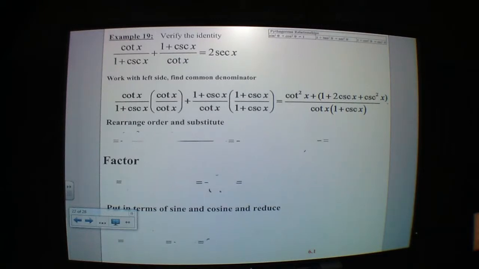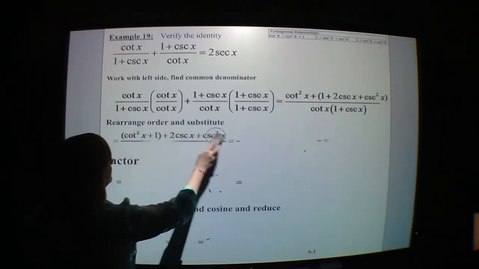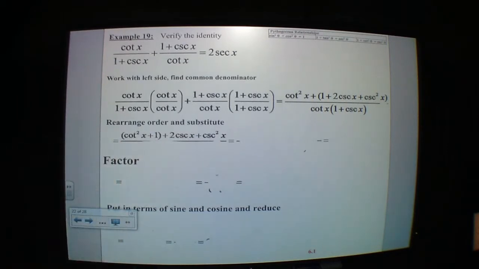So, after this, we can rearrange it. And when you're rearranging it, look at what you have there. I have a cotangent plus 1, right? So maybe I want to group those together. So that's probably where I'd start. And if it's not right, try again.